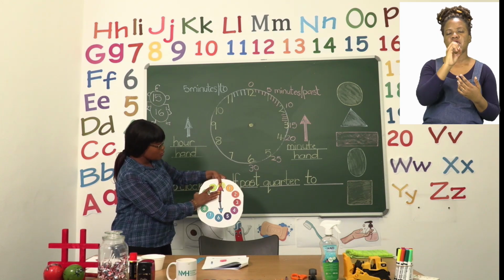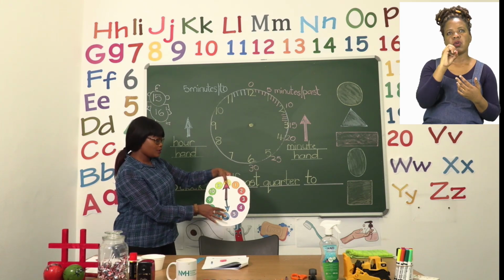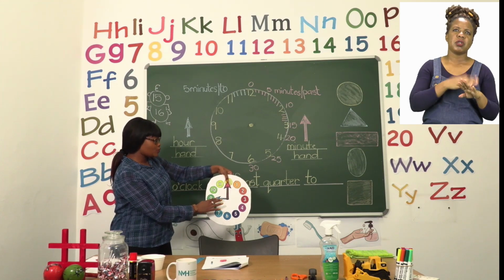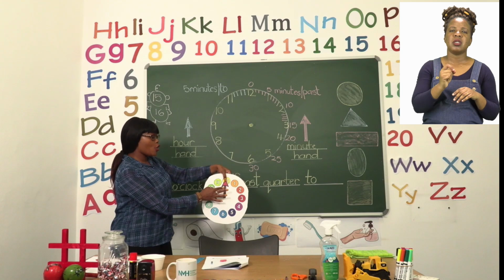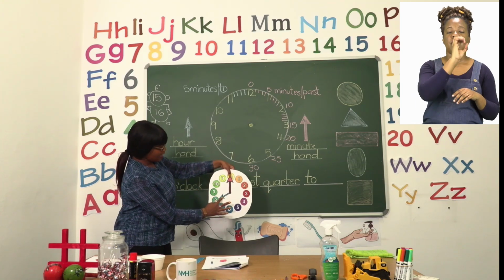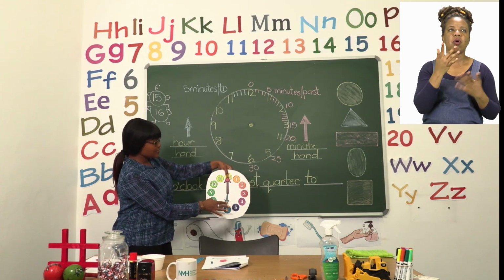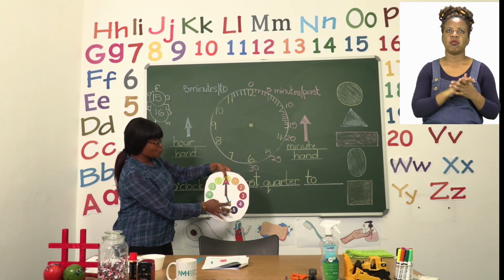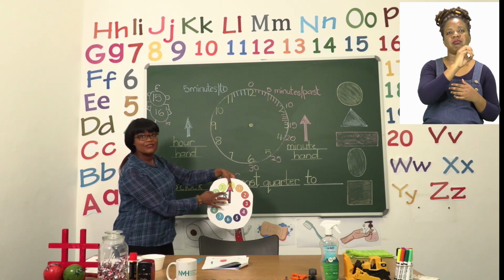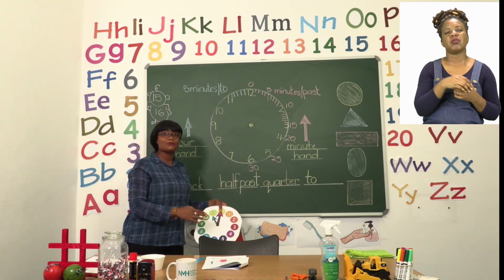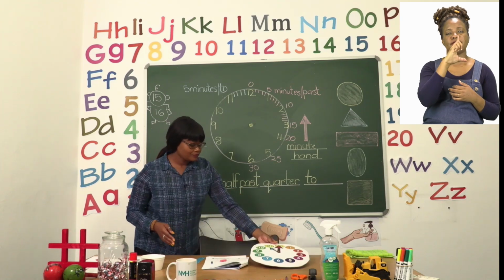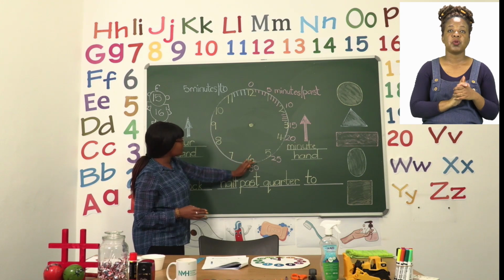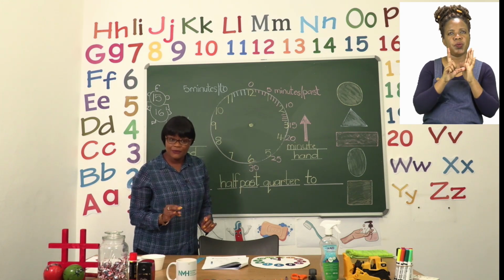Now, if it is o'clock, that means we say the number of the hour, perhaps it is 9. So we can say 9 o'clock, 8 o'clock, 6 o'clock, 5 o'clock, 11 o'clock, as we go round and round. Now, when the minute hand is now facing down to 6, we have a special name for it as well.